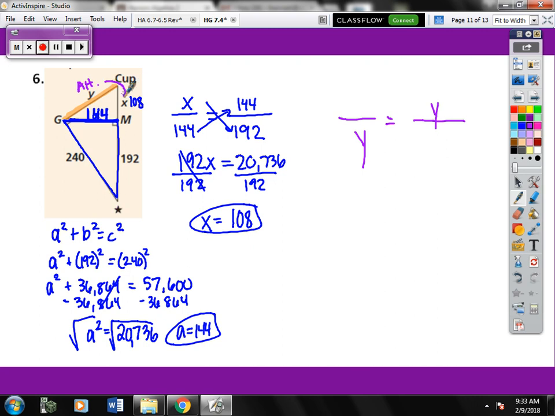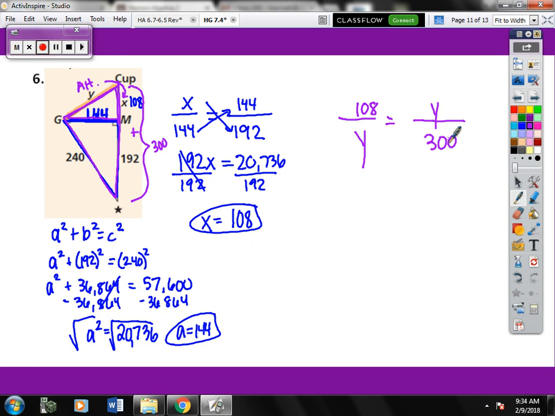It's going to be the triangle that touches y, which would be our 108 that we found in our last part. And then the other triangle that touches y would be the big triangle, which we have to figure out how long that side is by adding these 2 things together. So 108 plus 192 would get me that the entire side length is 300.